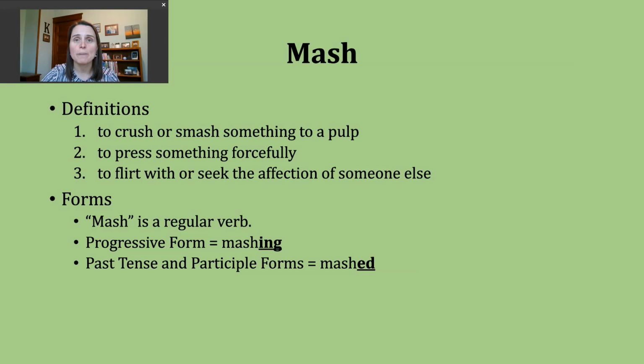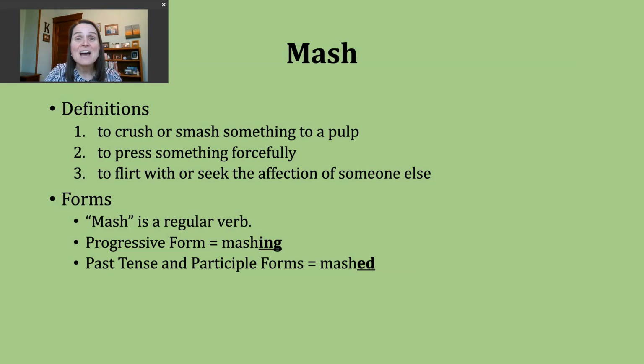Our base verb, mash, ends in an unvoiced sound. So that sh is an unvoiced sound in English, and this means the -ed ending is going to make a t sound, and I'm not going to add an extra syllable as I say it. So the past tense and the participle forms of the verb should sound like this: mashed, mashed.